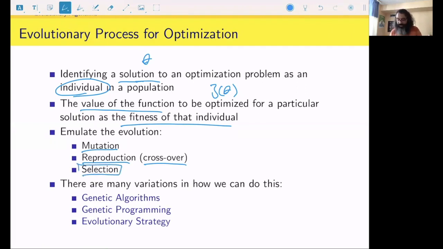The other process is selection: not all new offspring have a chance to go to the next generation. Some of them perish, and only a few go to the next generation, and then we repeat this process. There are many ways to interpret or implement each of these, like crossovers, mutations, and selection.